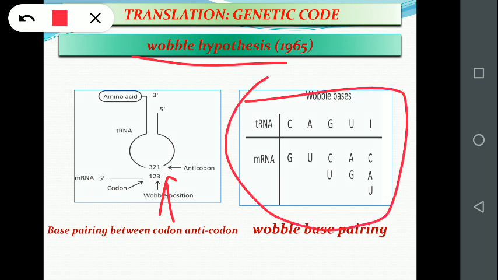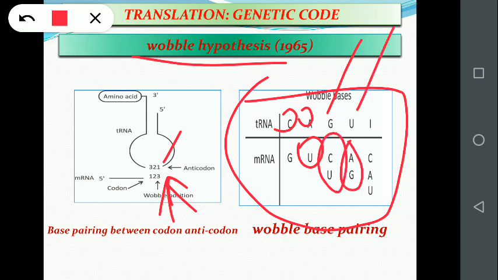That was explained in this table. If C is there, then it interacts with the G here only. If A is there, it recognizes only one codon having U as the third base. But in case of G, it recognizes two codons. If it is U, it recognizes two more codons, and if it is I, it can recognize a maximum of three different codons.